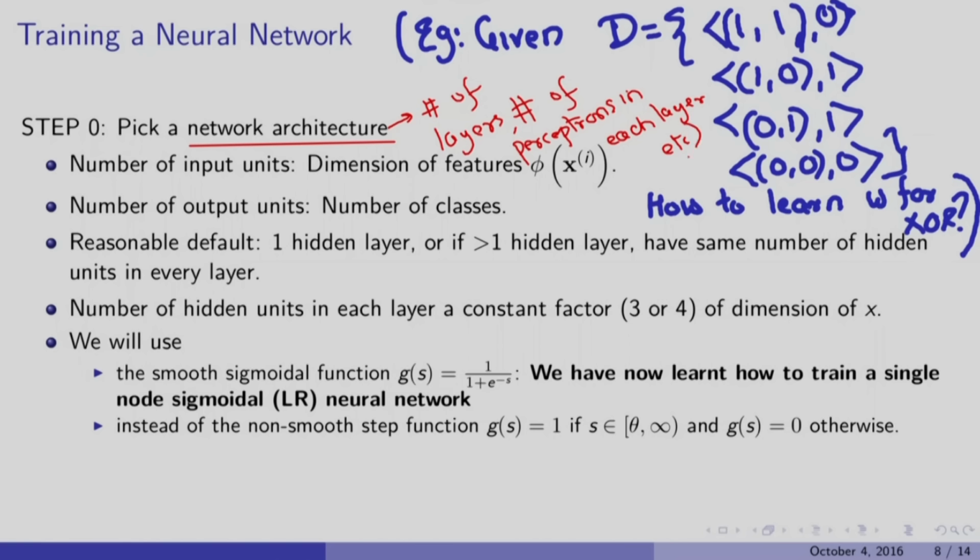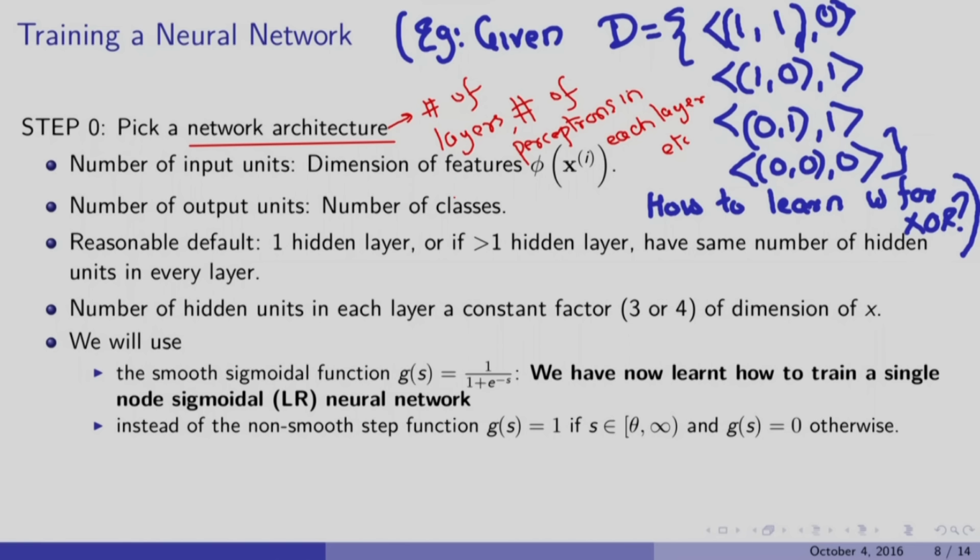For example, we discussed a single hidden layer and a single output node, a single hidden layer consisting of 2 perceptrons. The number of output units is clear, the number of classes, but what should be the number of intermediate nodes? The number of input units is always equal to the dimension of features.